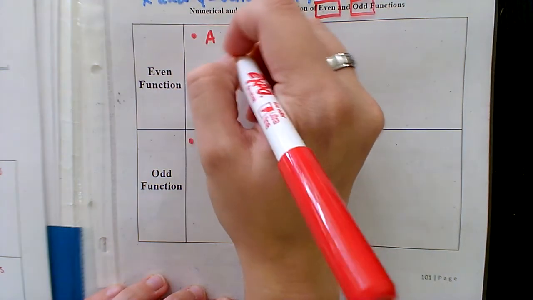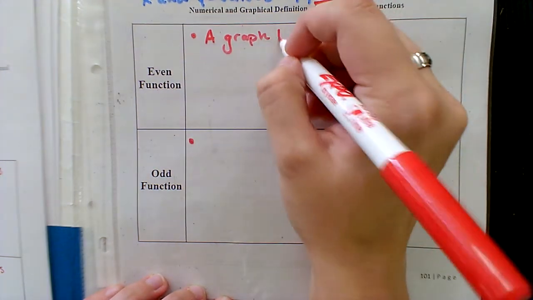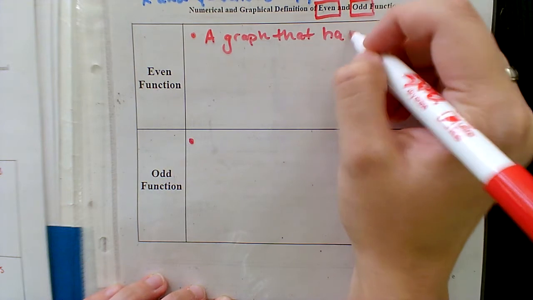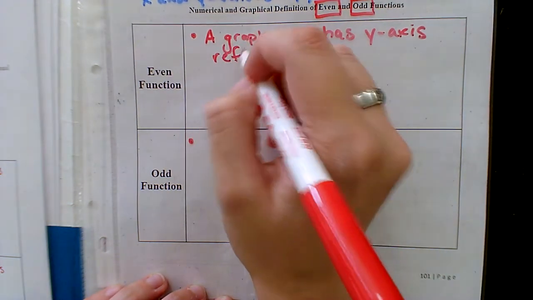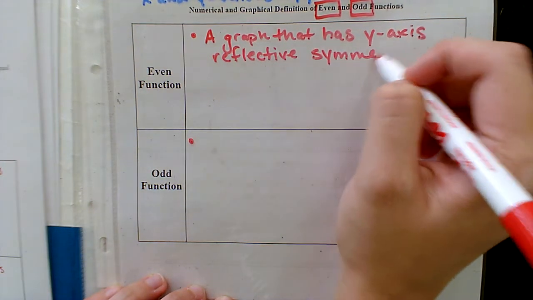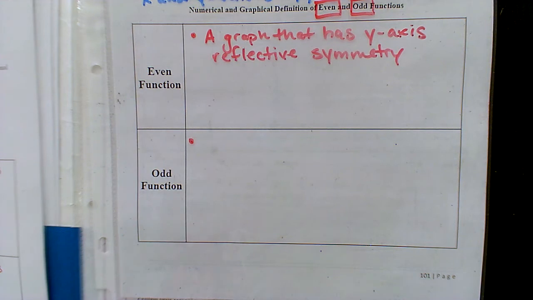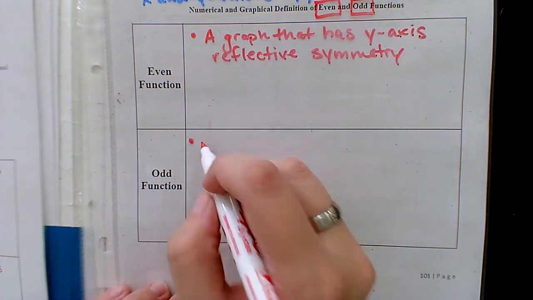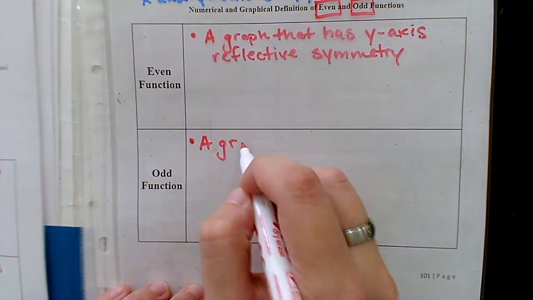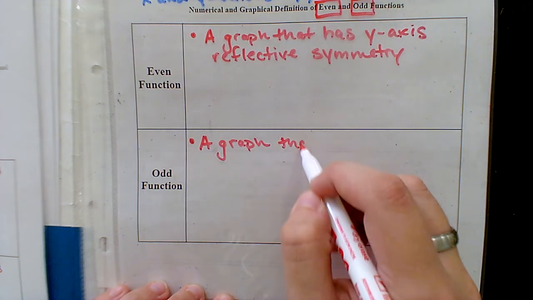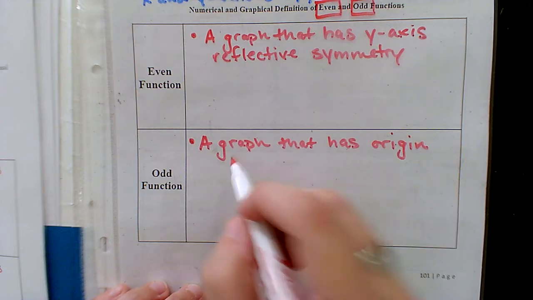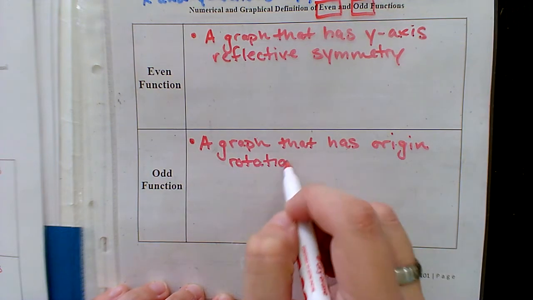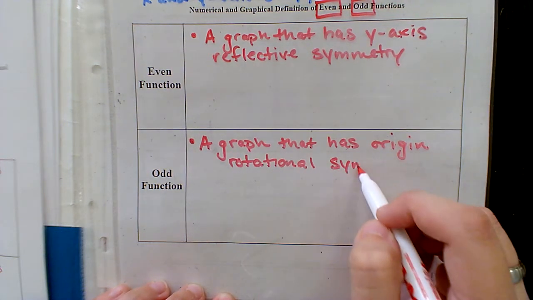Okay, so we're going to write down those relationships. Even functions is a graph that has y-axis reflective symmetry. Very similarly for odd function, we can say an odd function is a graph that has origin rotational symmetry.